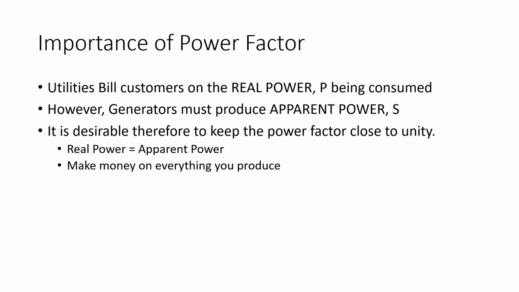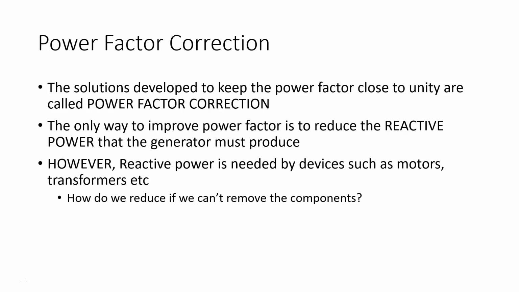So the generators must still produce apparent power, and this is problematic because the more reactive power you produce, it means more current is in the line, and that will turn into more losses, and you'll see that when we do some examples. So it is desirable to keep the real power close to the apparent power, and this will allow you to make money on everything you produce. You'll have a more efficient system with less losses.